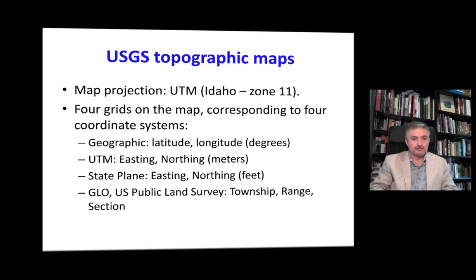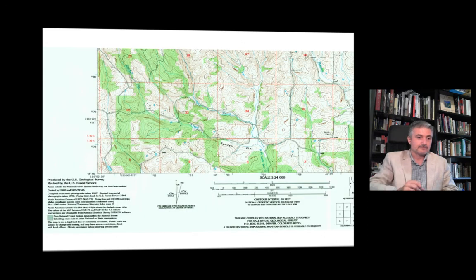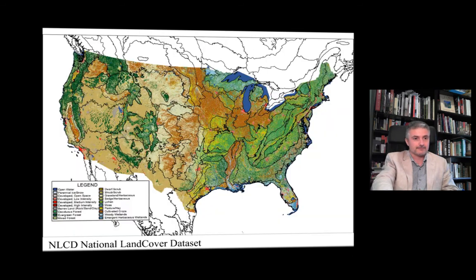We will cover today the meaning of all these grids. We'll talk about the state plane system and the US public land survey system. Here's the detail of the bottom left corner of the map, with the legend, the scale relative to all these grids, and you can see now the variety of tick marks and numbers. In the next module, we will focus on how to interpret all of this.